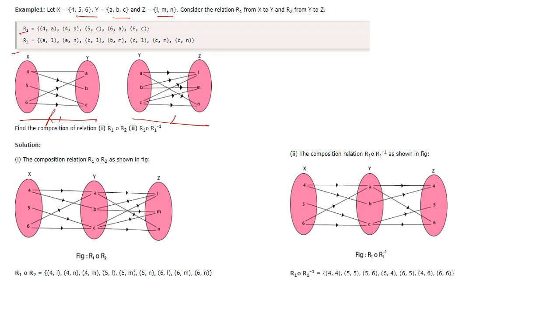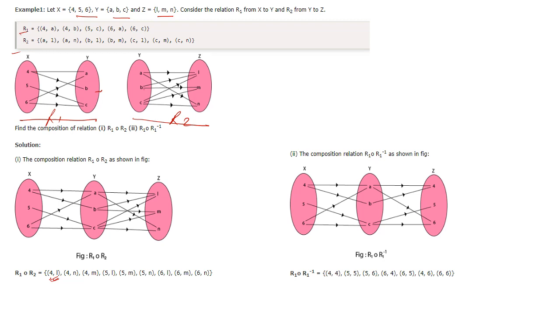Now for finding the composition, 4 is related to A and A is related to L. So 4 is related to A, which is related to L. So this 4L gives me one pair. 4 is related to B and B is related to L. This also gives me the same pair 4L, and so on.